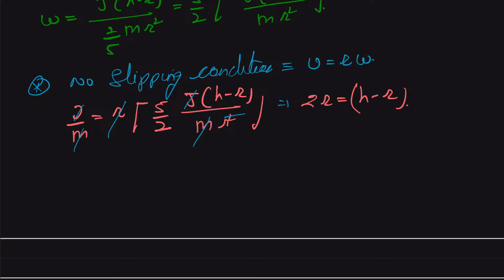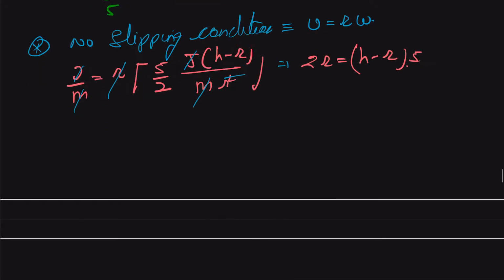And now this comes as 5 plus 2R is equal to 5 times h, or we can say that our h is equal to 7 upon 5 times r. Okay, so this is our height.